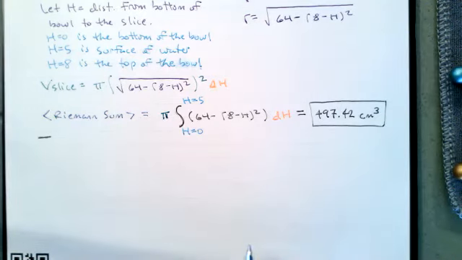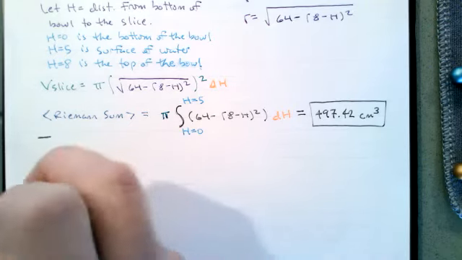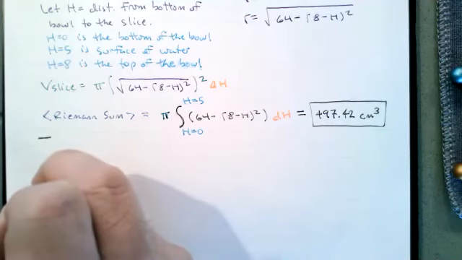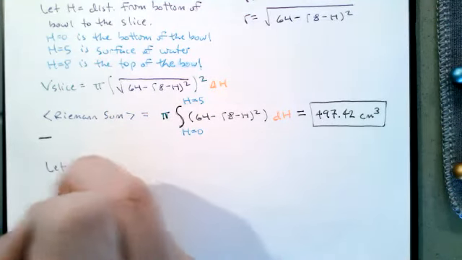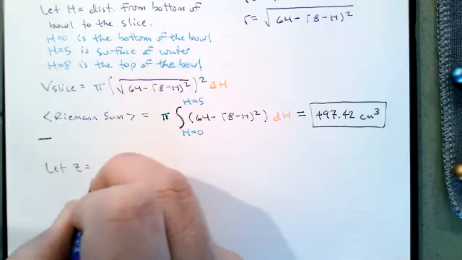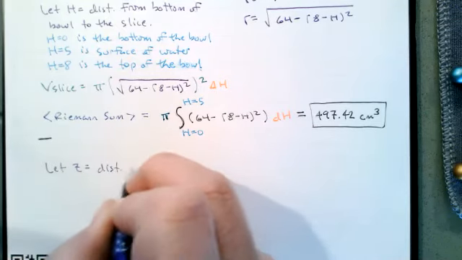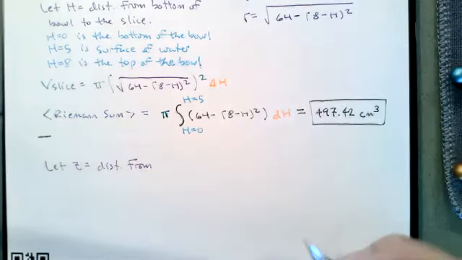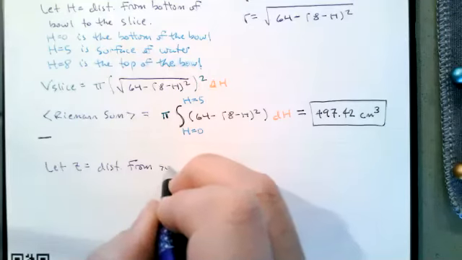I was going to use d for depth of slice. I'm just going to use z because z is cool. So let's let z be the distance. Here's where I'm picking a different 0. Distance from the surface of the water to the slice.